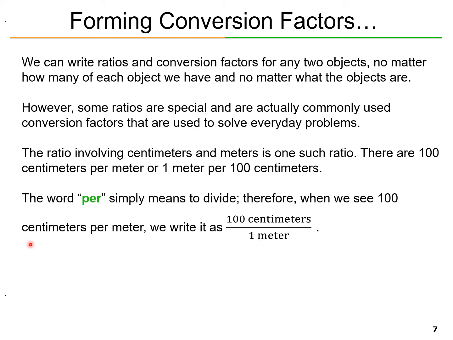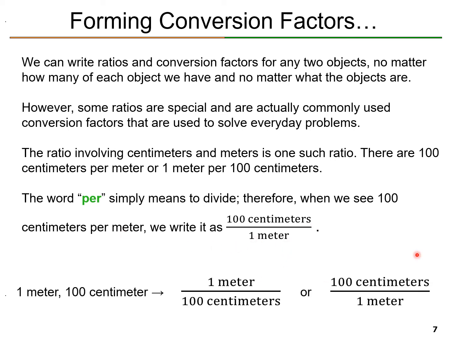So 100 centimeters per, meaning this horizontal bar, which means divide, meter, 1 meter in the denominator. So the equivalent conversion factors are 1 meter divided by 100 centimeters, or 100 centimeters divided by 1 meter.